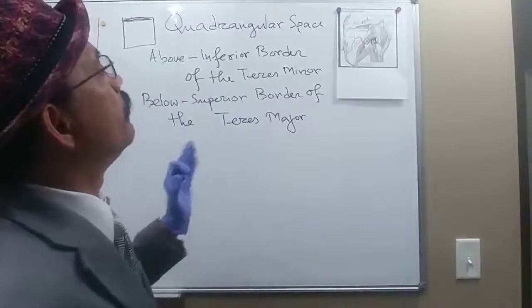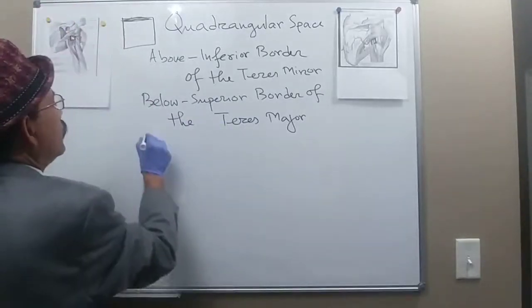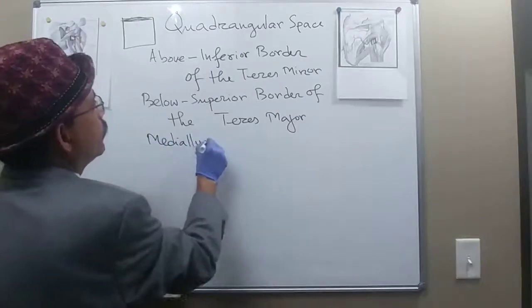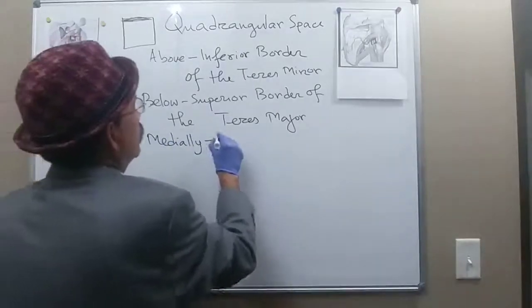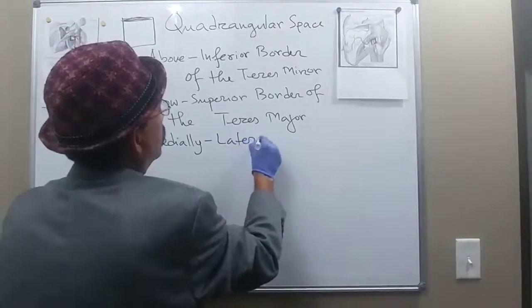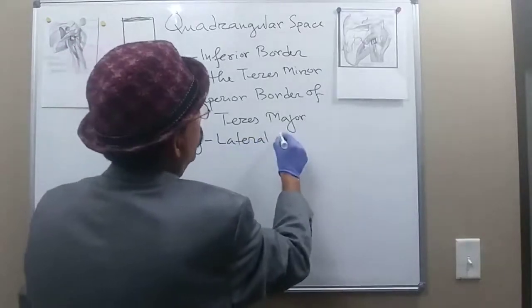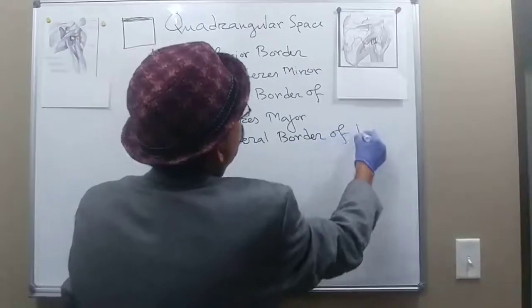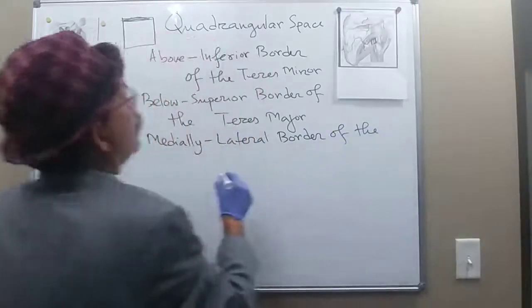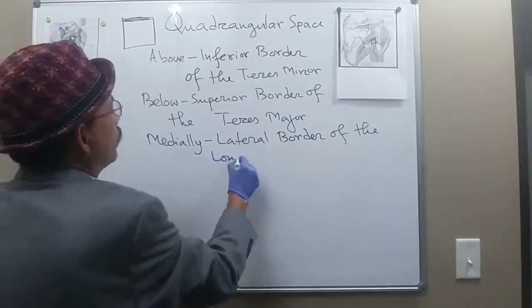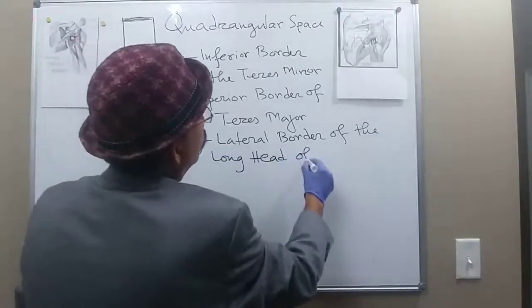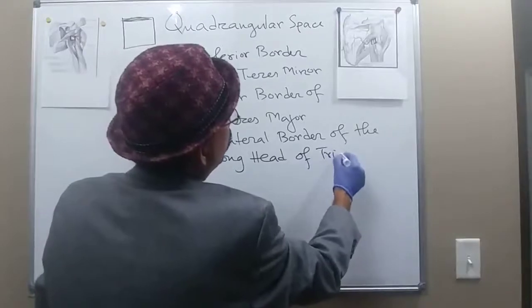Then we go to the medial boundary. Medially, it is bounded by the lateral surface or border of the long head of Triceps Brachii.